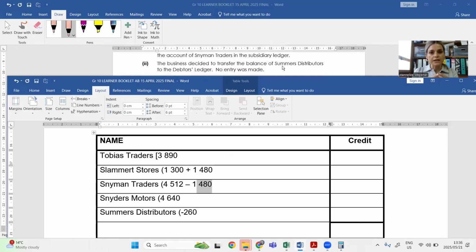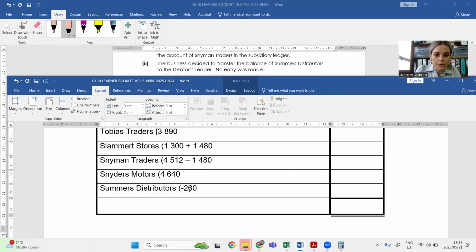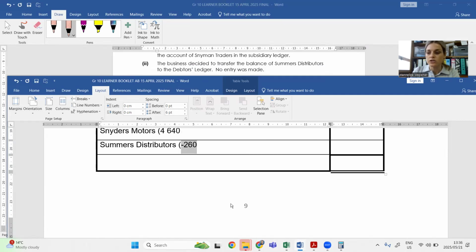So once I record an entry in my subsidiary journal, I must still post it to my general ledger, and then I must post it to my creditors ledger. So I am now saying that I no longer want this creditor with a debit balance. Okay, so it's a creditor who currently has a debit balance.